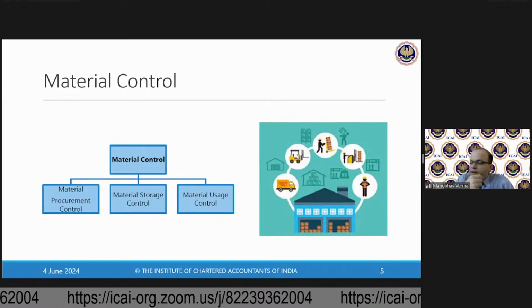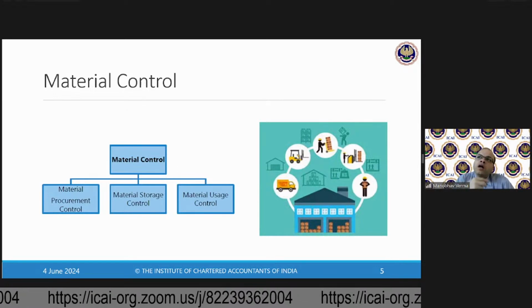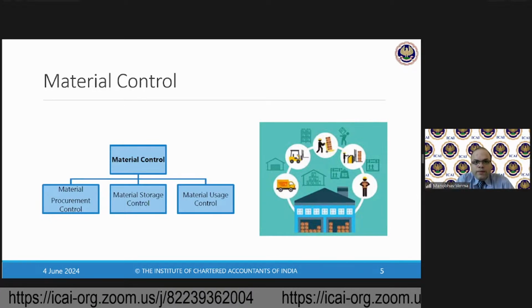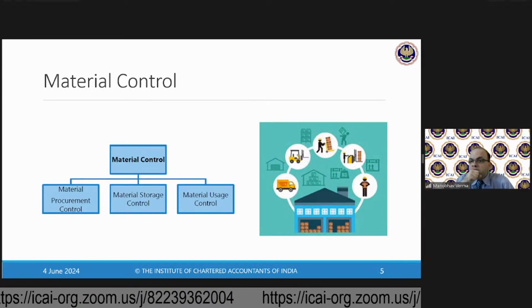Let's say there is manufacturing going on. What are the series of steps that follow in a typical production process?